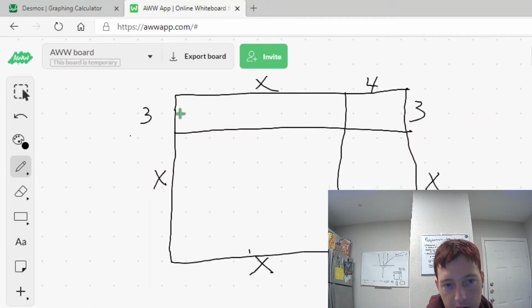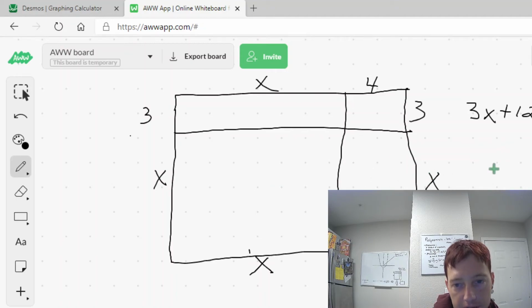So this shape here is 3 by X. 3 times X. Well, what's the shape here? This is 4 by 3. Well, we can just do the math. That's 12. This one, this cube shape, is X by X. So that's X squared. And this one here is X times 4, which is 4X.